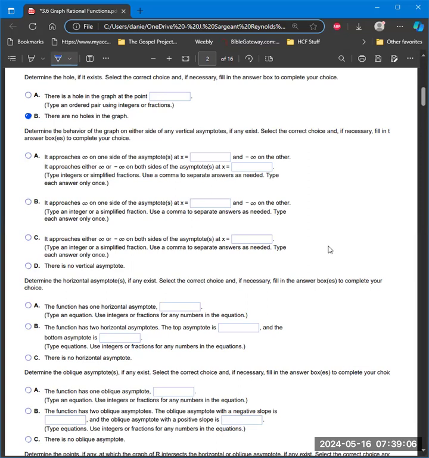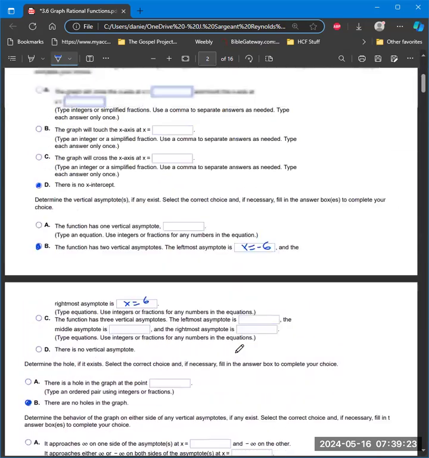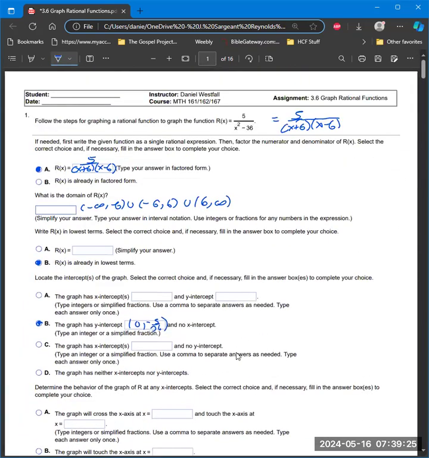Then this is negative 6 and 6 for the asymptotes here. Does the same thing here, negative 6 and 6. If we check the behavior as I get close to 6 from the left, this is negative here, and this is positive, and this is positive, giving me negative infinity.